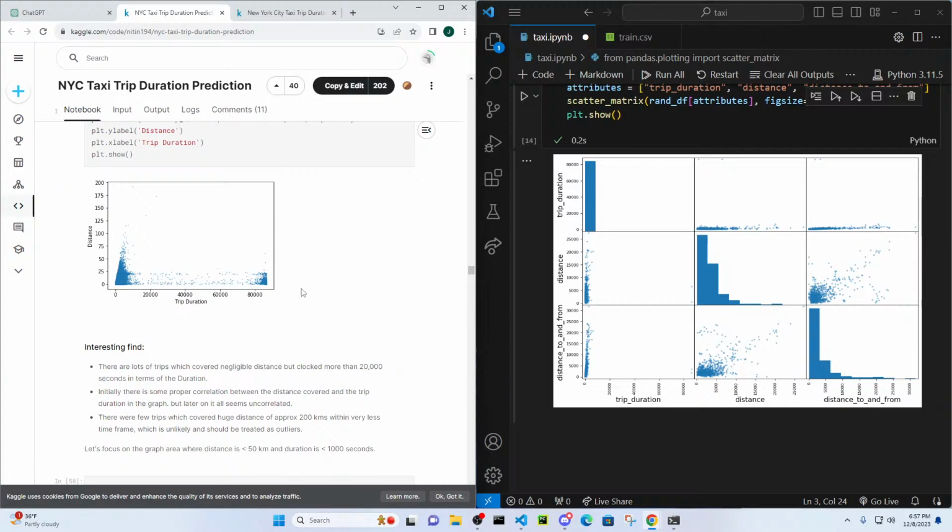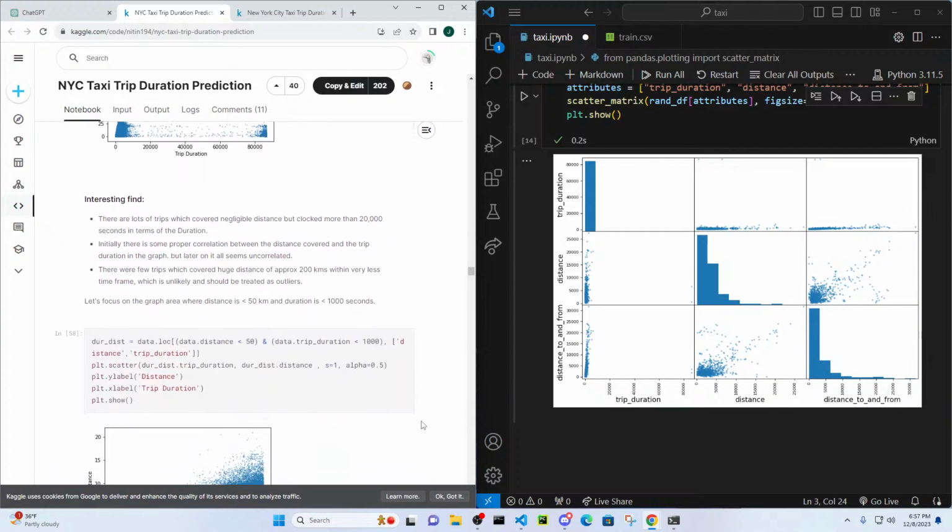Initially, there is some proper correlation between the distance covered and the trip duration in the graph, definitely, but later on it all seems uncorrelated. There were a few trips which covered huge distances of approximately 200 kilometers within a much smaller time frame, which is unlikely and should be treated as outliers.